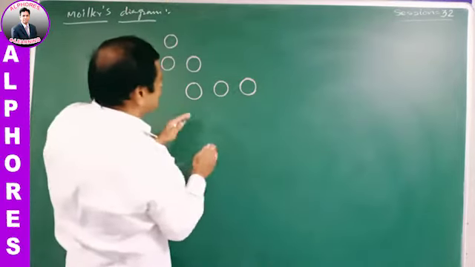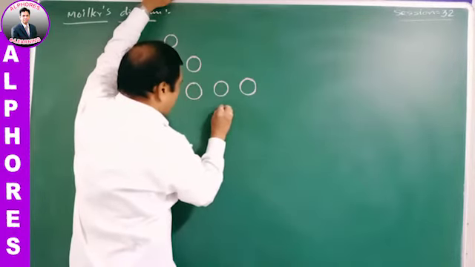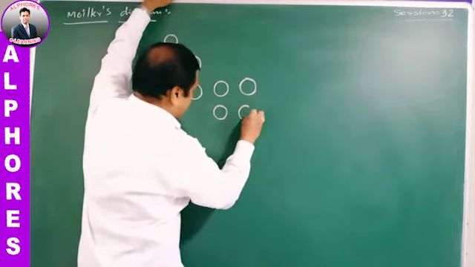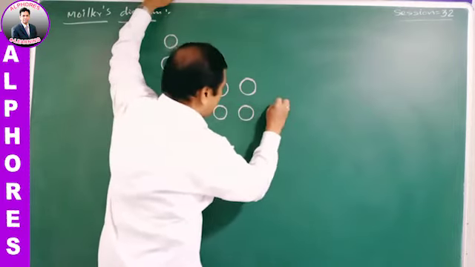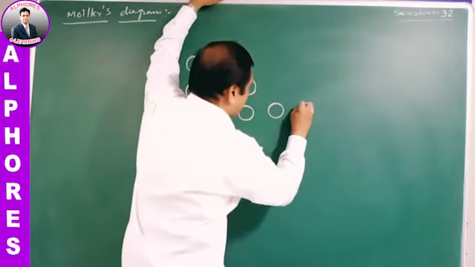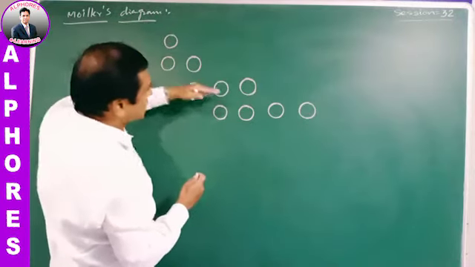Next, fourth orbit, we have four circles: first circle, second circle, third circle, fourth circle. So 1, 2, 3, 4 circles.